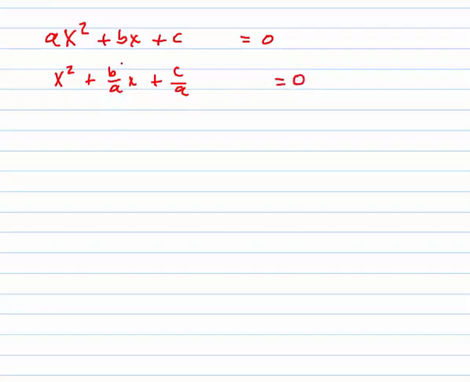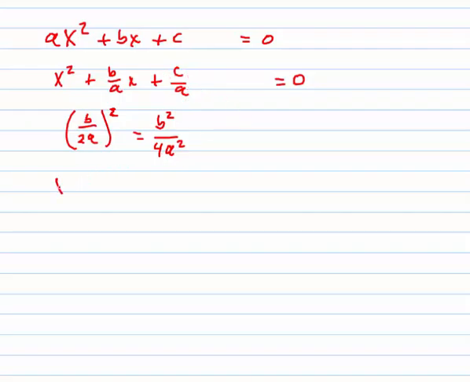Now how do we complete the square? We take half of this, so we take b over 2a, and we square that, remembering from completing the square. So that's b squared over 4a squared. We have to get that on this side, so we'll first subtract the c over a.